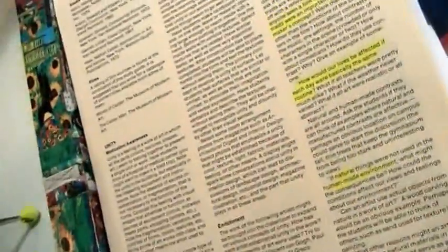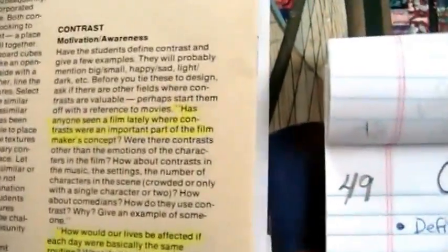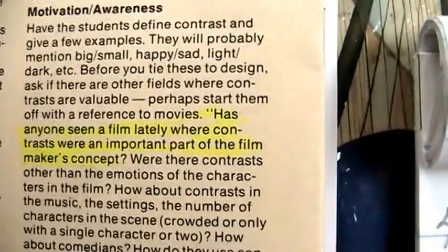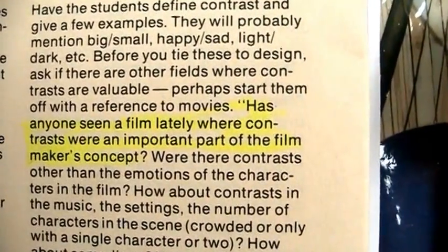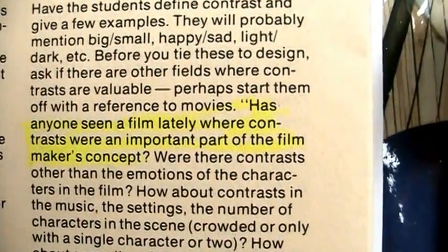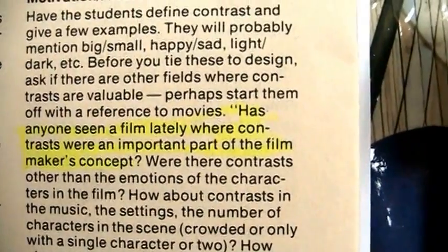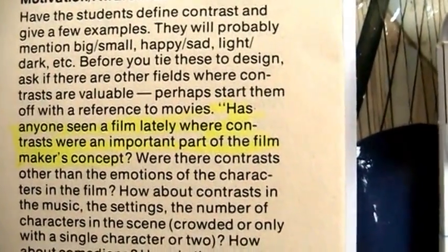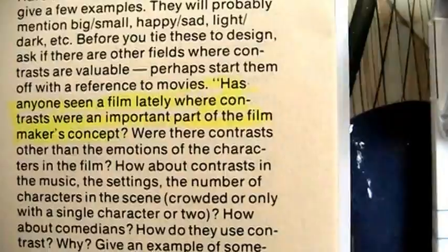Then we had a great discussion on contrast in the movies and how movie makers create contrast and why they create contrast. So we talked about Halloween movies and scary movies, and that the music can indicate that something awful is going to happen.